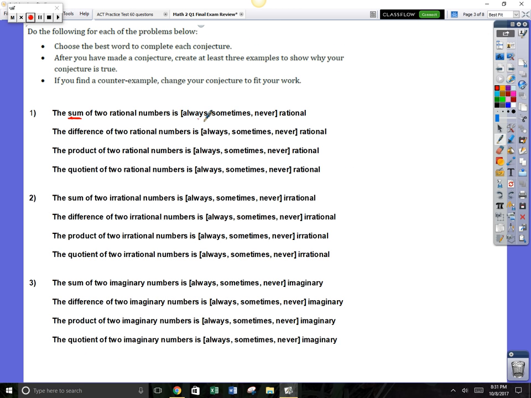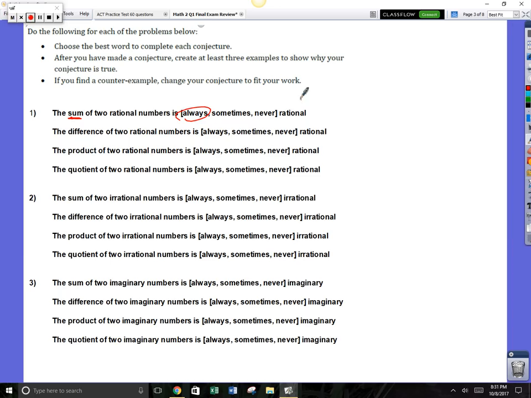Okay, so it's always, because if you add 1/2 plus 1/2, that's 1, but that's still rational. 0 is a lot of times the one we're going to use to prove them false. 0 plus a -4, that's a -4. Any rational you choose and add, it will stay rational, and that is the same. Add and subtract are the same.